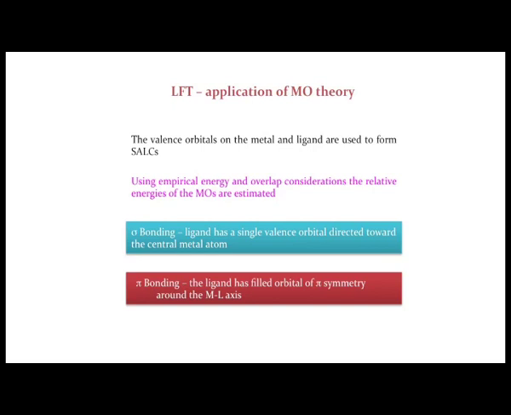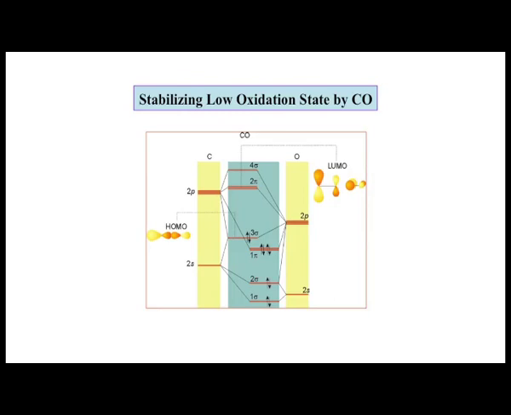Sigma bonding is where the ligand has a single valence orbital directed towards the central metal ion, and pi bonding is when the ligand has a filled orbital of pi symmetry around the metal-ligand axis, where the metal can function as a donor or the ligand can also function as a donor. A very good example is the detailed molecular orbital picture found in any common book.